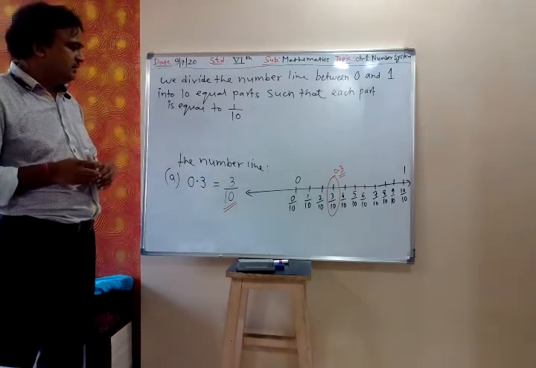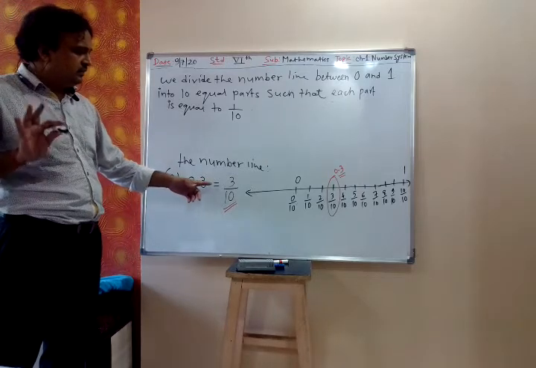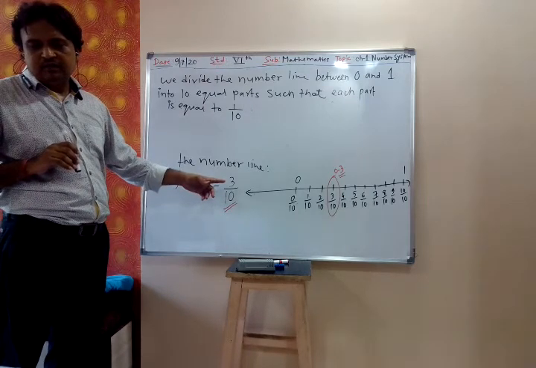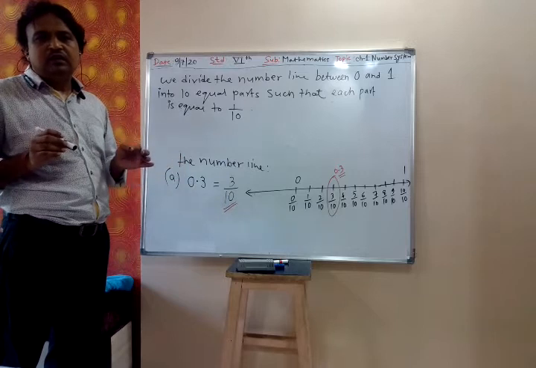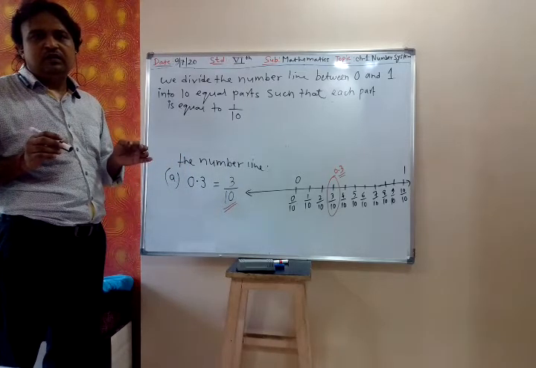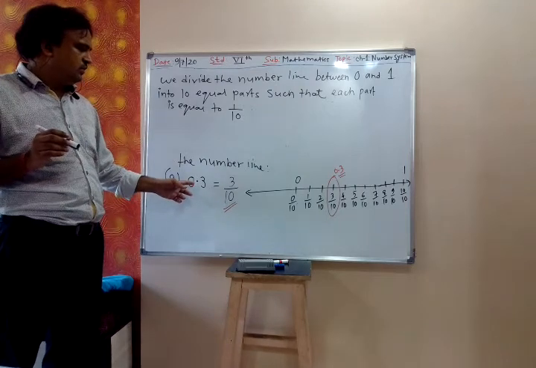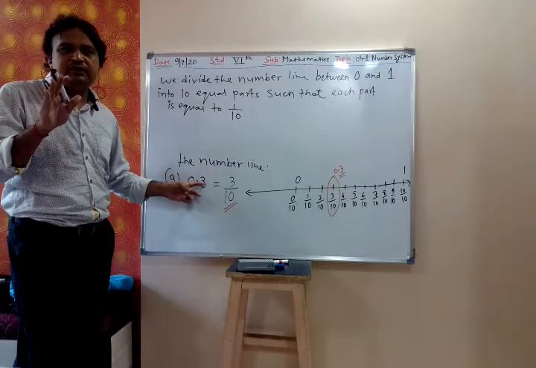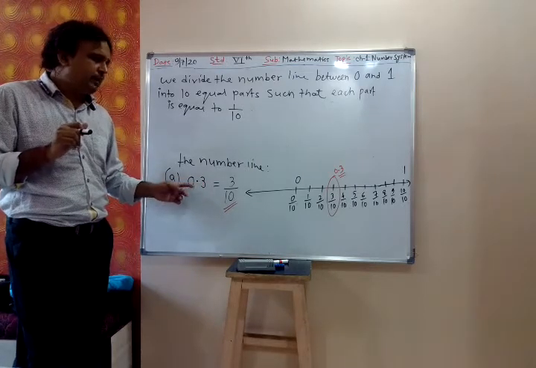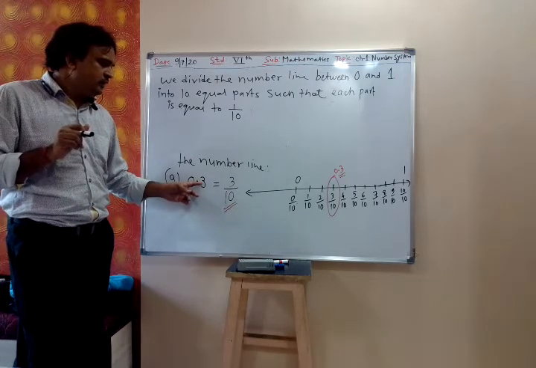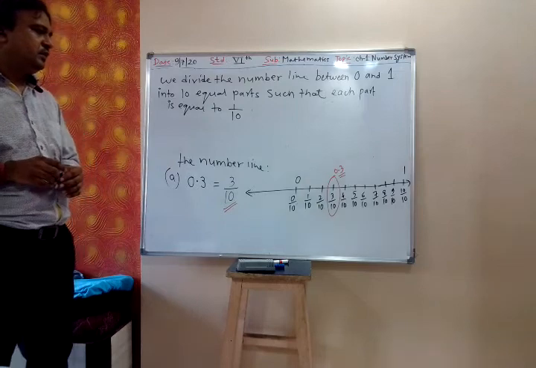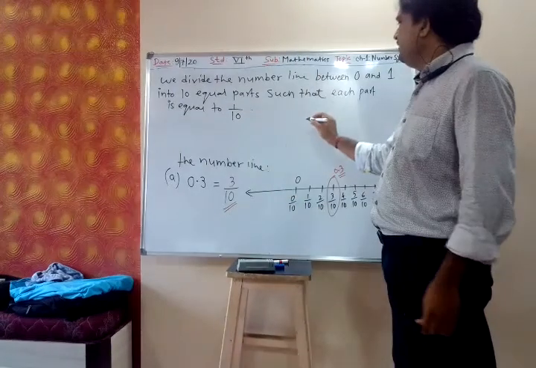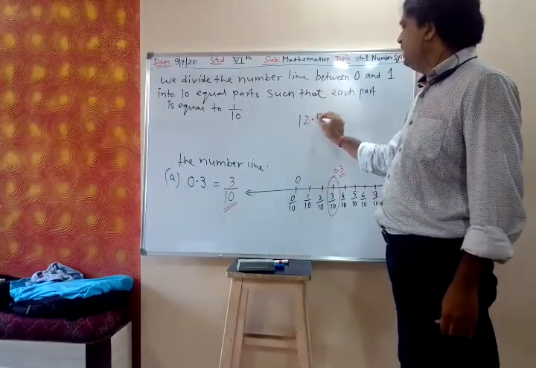See, 0.3 means after the decimal. Before the decimal, if it is 12.5, it does not matter.